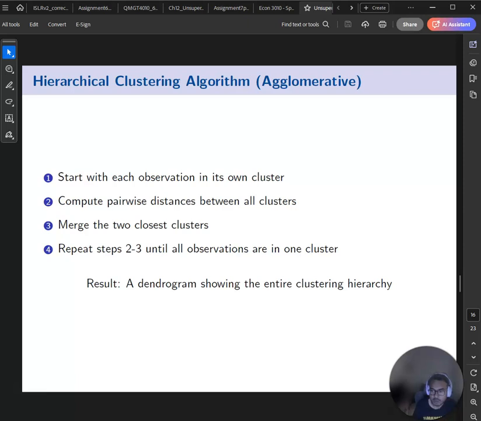And the result of this process is known as a dendrogram, a tree-like diagram that shows the entire hierarchy of clusters merging from individual points all the way up to the complete dataset. What's particularly nice about this approach is that we don't need to decide on the number of clusters up front. After creating the complete dendrogram, we can cut at any level to get the desired number of clusters. This flexibility lets us explore different cluster counts easily.